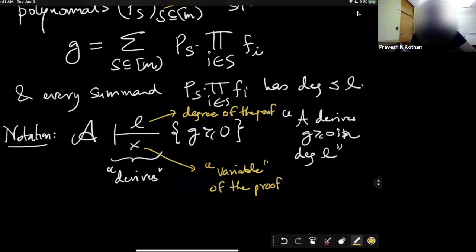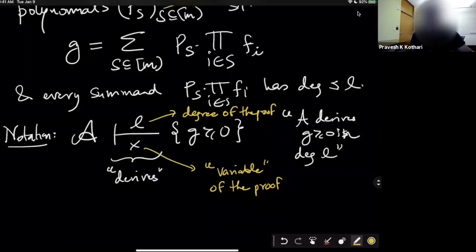But in the next lecture, we might actually encounter examples where there are various kinds of variables in the polynomial system that you're working with, but you're looking at sum of squares proofs only in one of them. So the rest of them can be thought of as constants.